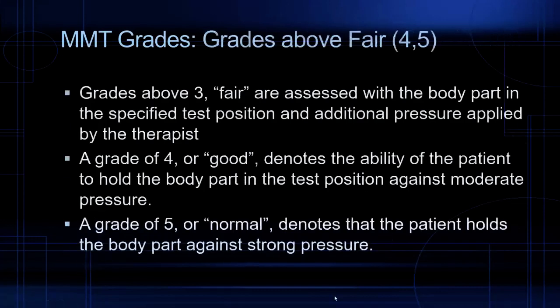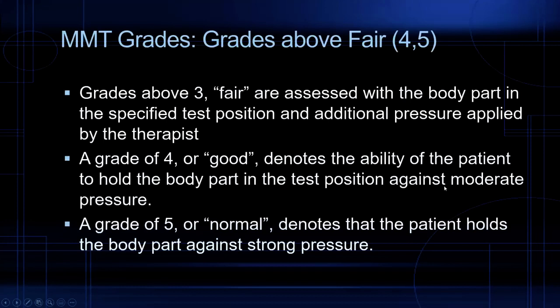Okay. Now, above 3, you are going to be testing with gravity. So because with a 3 or higher they can move that body part through its full range against gravity, then you're going to need to apply additional pressure and see how much the muscle can withstand. Okay, so a 4, or a good, is the patient can hold that body part in the testing position against your moderate pressure.